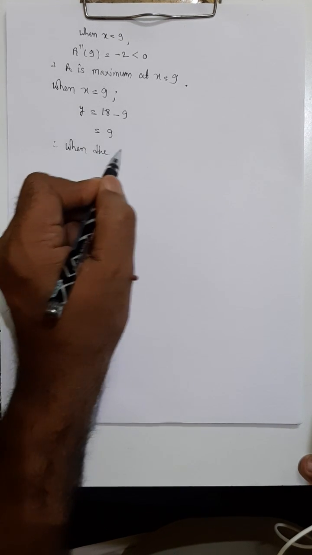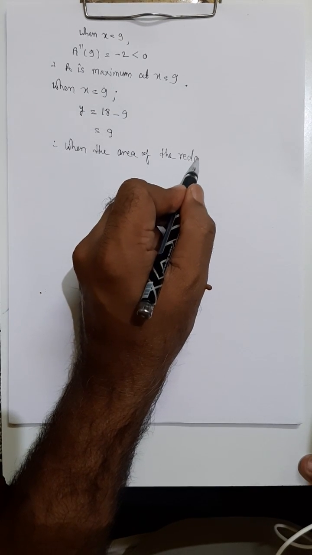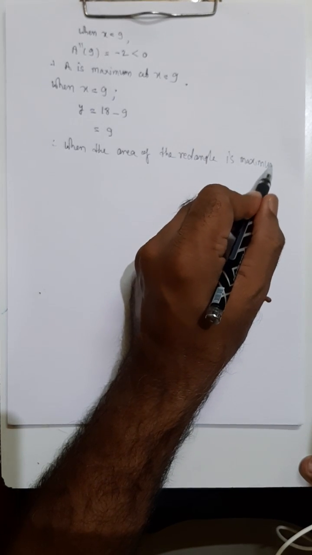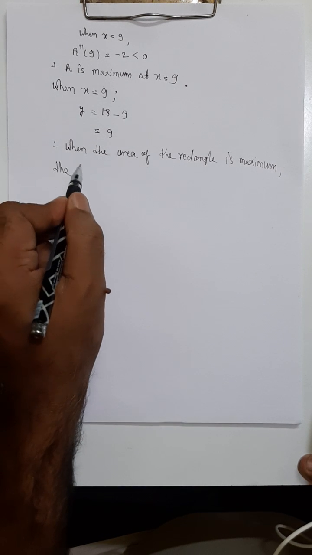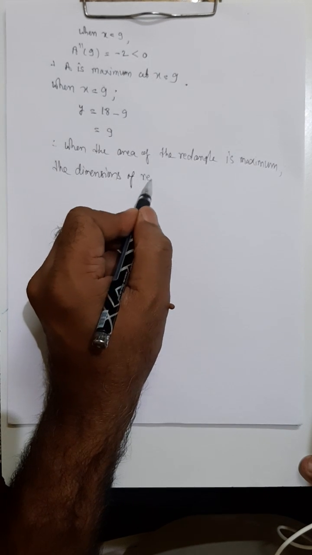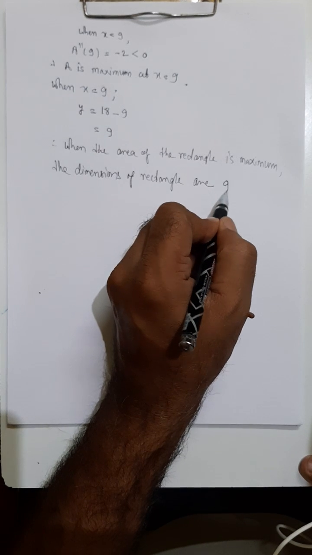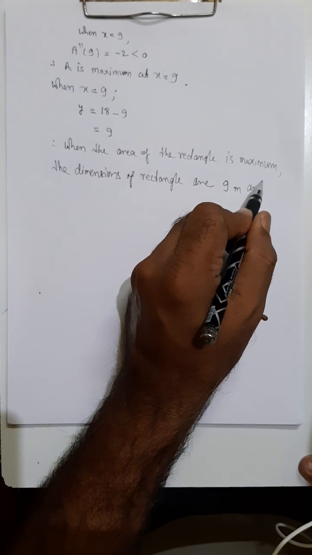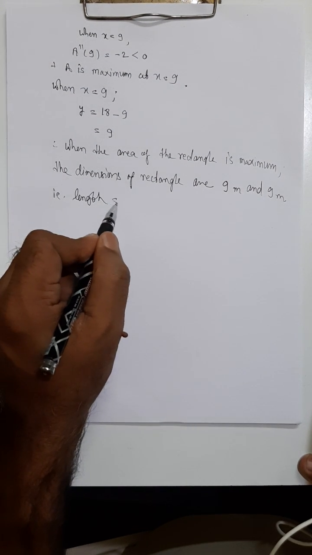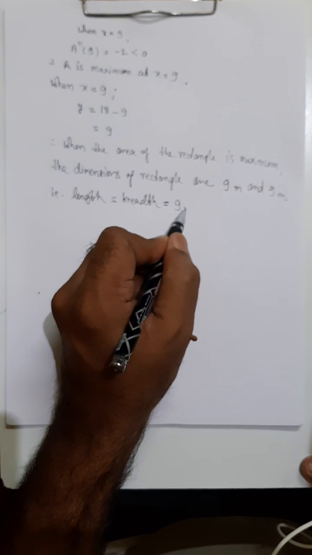when the area of the rectangle is maximum, we have shown it is maximum, the dimensions of the rectangle are 9 meter and 9 meter, that is length is equal to breadth is equal to 9 meter.